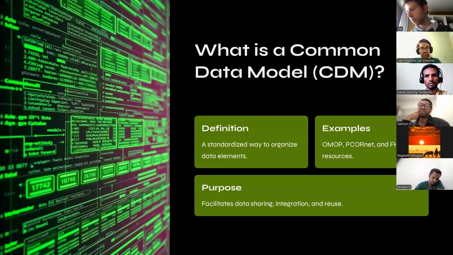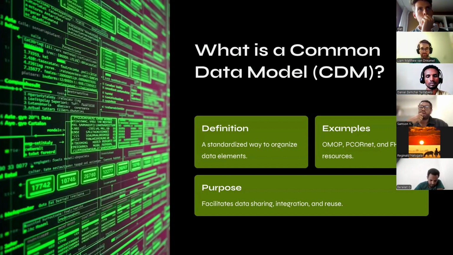So we saw in our last discussion what common data models are, and we defined them as ways of organizing data elements in such a way that they are really harmonized or common across different study areas, if you're doing research, or different software systems.